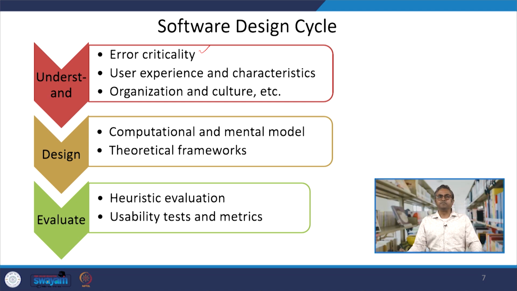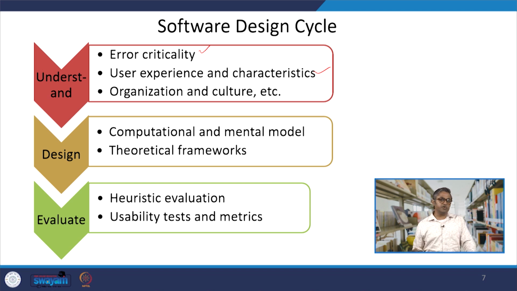Some errors are complicated and difficult to understand. User experience and characteristics are there. We have to understand what my user has experienced, what kind of characteristic features my user has, whether he or she is capable of using such a software or design, and what experiences they have come up with.